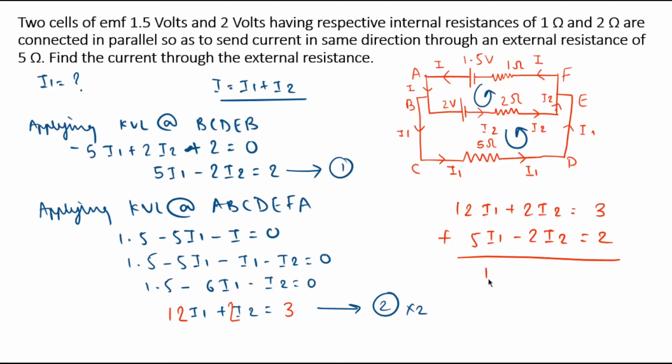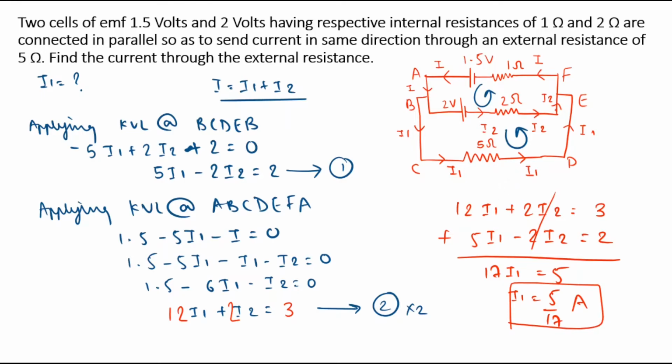So 12 plus 5 is 17 I1, and these two will get cancelled, which is equal to 5. Now I1 will be 5 by 17 ampere. So the current flowing through the external resistance of 5 ohms is 5 by 17 amperes.